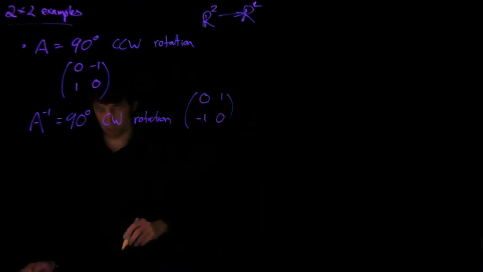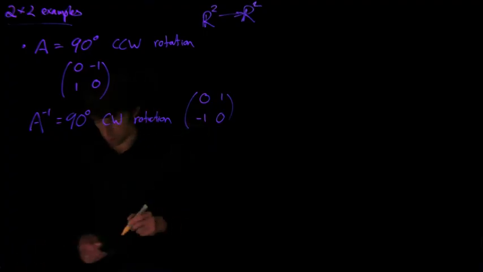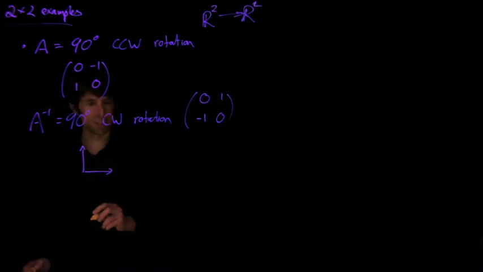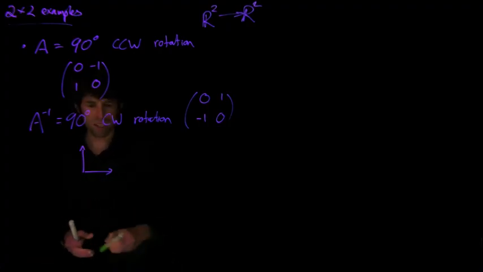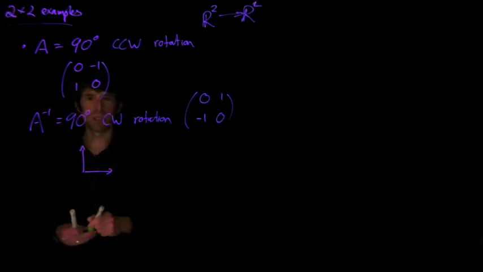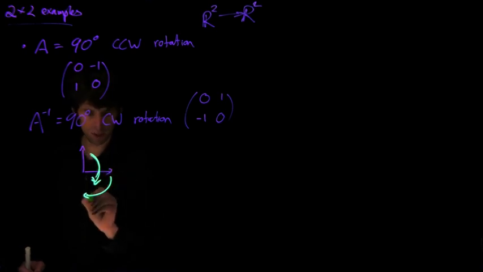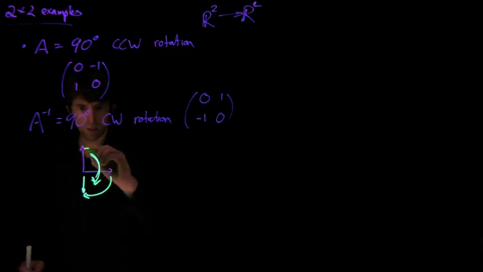Where did I get that picture from? Where did I get those numbers from? Well, if we start with my two standard basis vectors like this, let's think about what happens when I do a 90-degree clockwise rotation. So we're rotating 90 degrees like this. So this one comes down to here, and this one comes over to here.